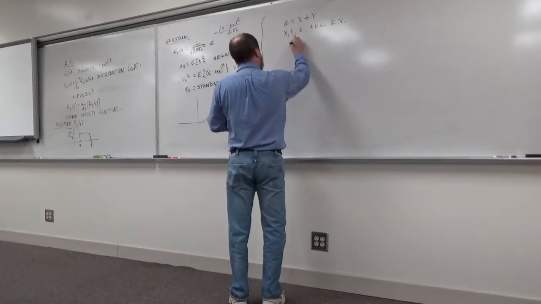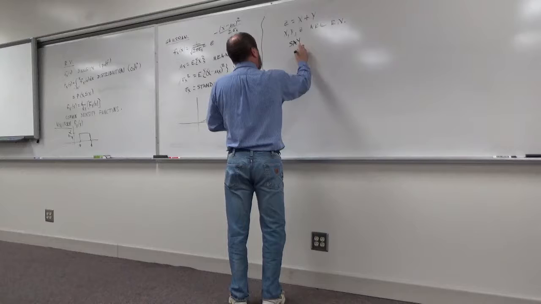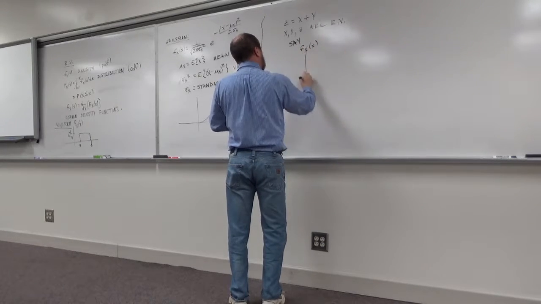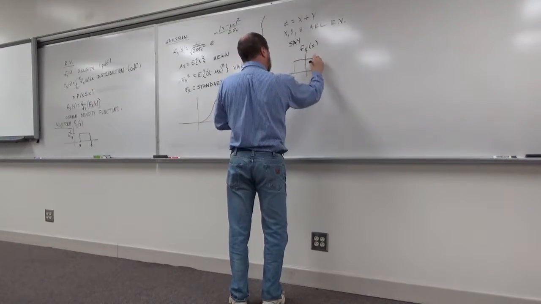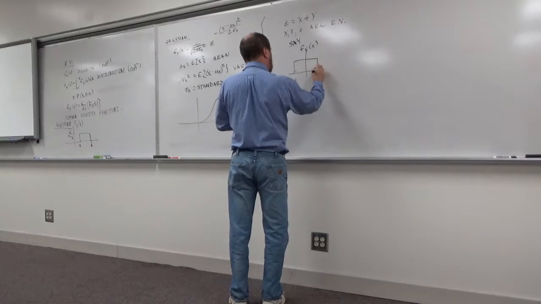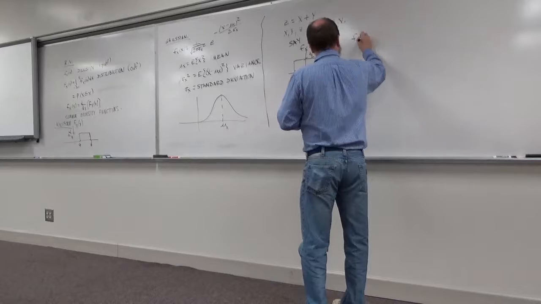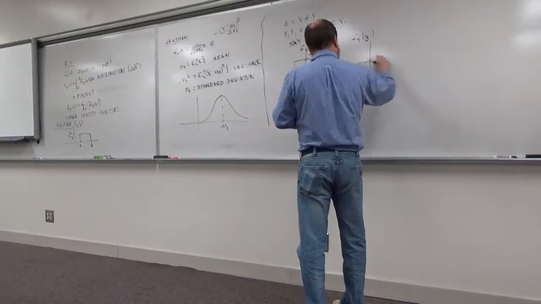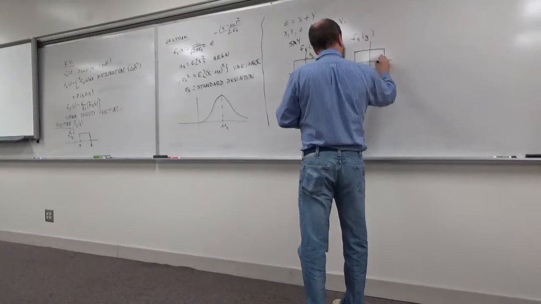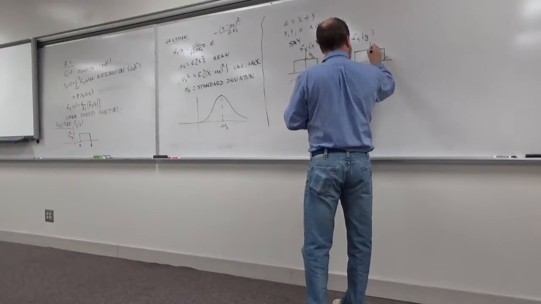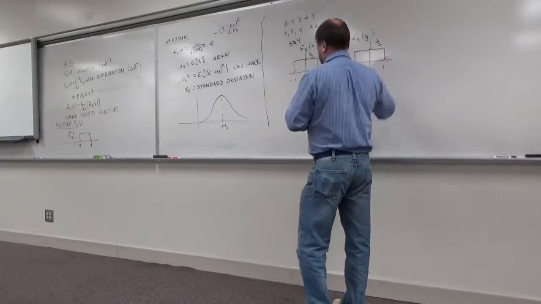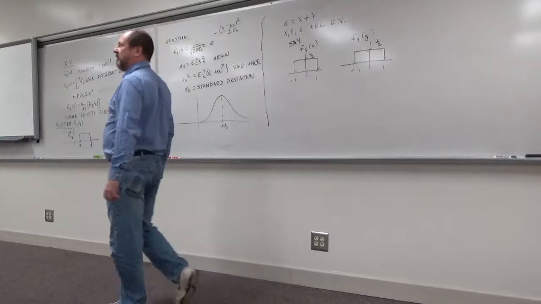And let's say that f sub x is uniformly distributed from -1 to 1. That means this would be 1/2. And let's say y is also uniformly distributed from -1 to 1. In other words, they have the same density function.